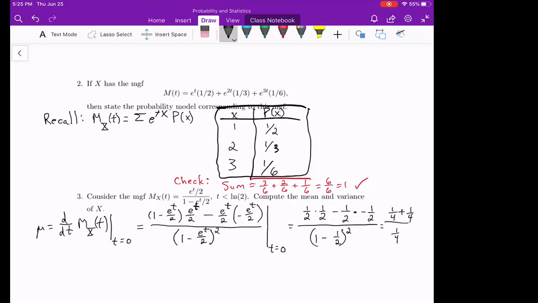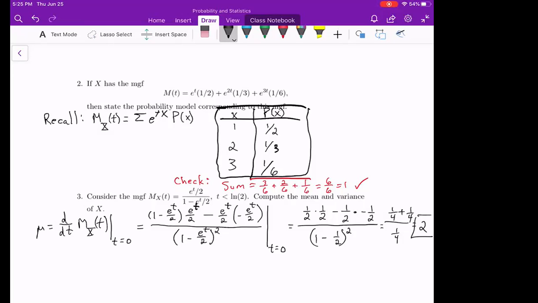So we've got 2/4 on top divided by 1/4 on the bottom, which comes out to what? 2. And that's our mean. It's not always pretty. You know, you could have 2.73 and that's fine, but this problem happens to work out nicely.